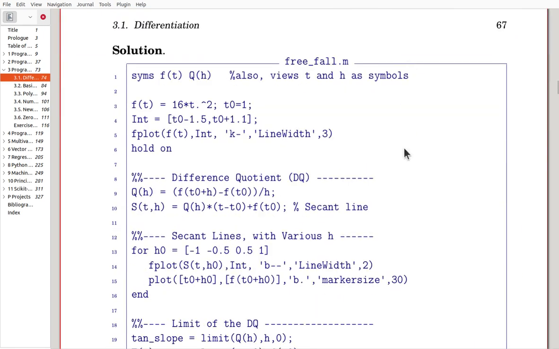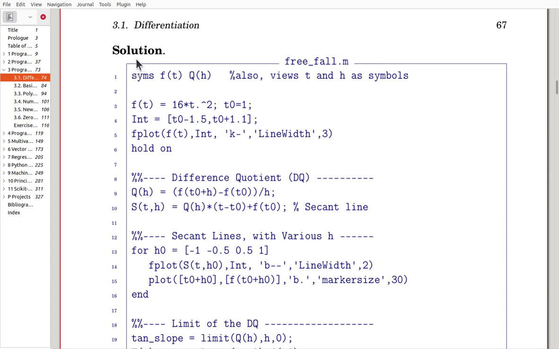Now, by using a MathTalent program, we can check it. This one is written for MathTalent, but if you want to use it in Octave, then you have to load a package.